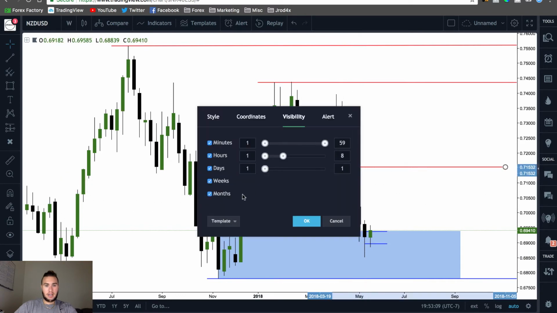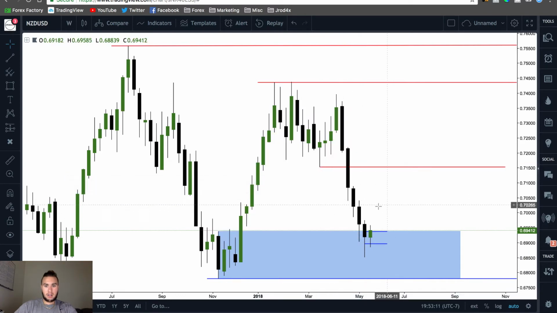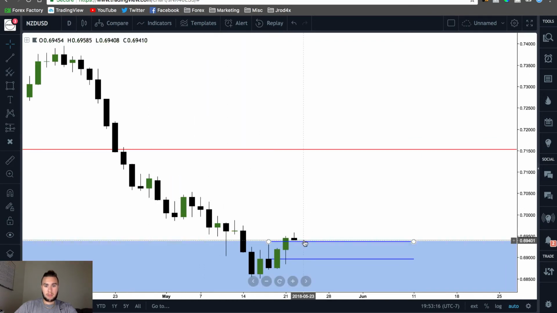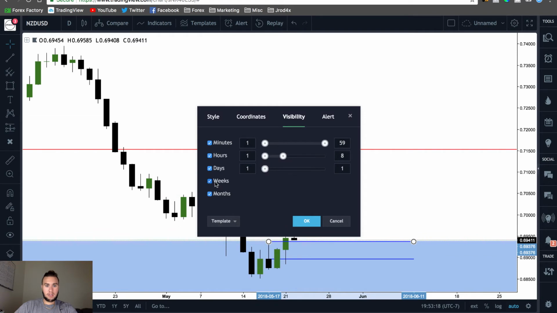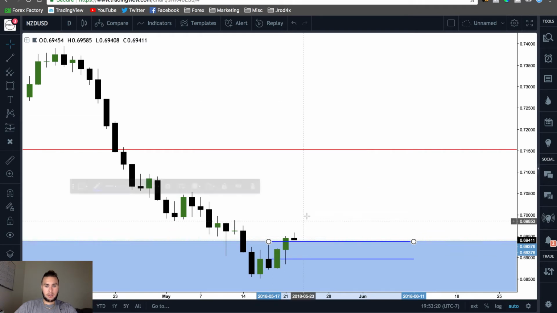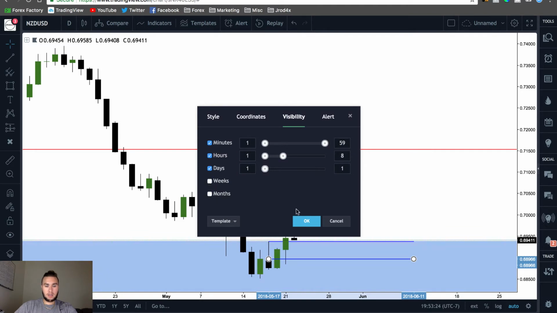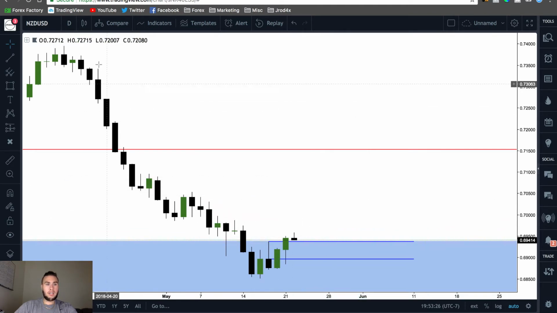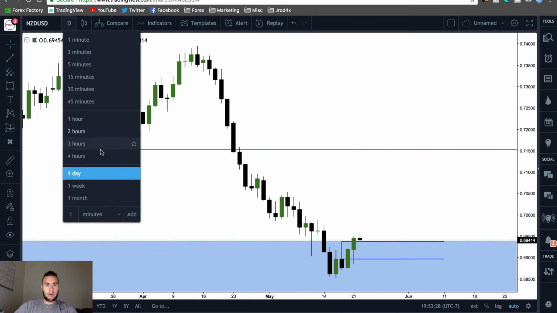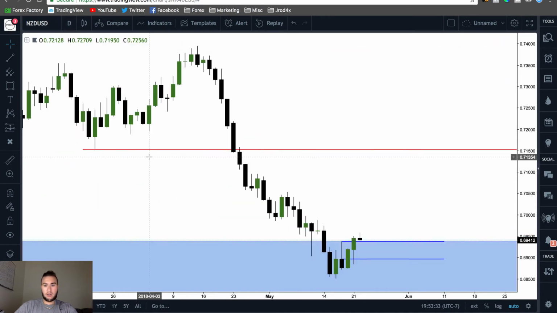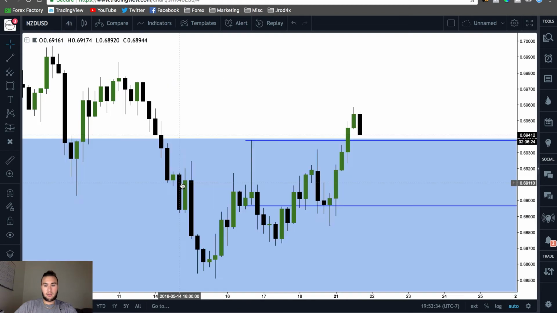Now this, I need to make sure that I uncheck monthly, and then we can drop down into the daily, and we've just marked up these two daily support levels. So we're going to uncheck weekly and monthly because we only want this to show on the daily and lower because the level starts on the daily. Now if we go back to the weekly, we'll see that those levels aren't on here, but they'll show from the daily down to the 4-hour and lower, so we can have them mapped out.